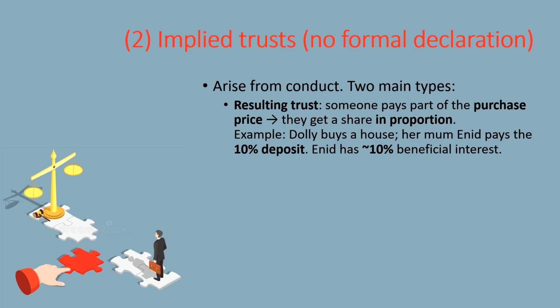Maybe they help with the deposit, that kind of thing. Then they will have a beneficial interest in proportion to their actual share in the purchase money. So, for example, if Dolly buys a house and then her mum Enid pays the 10% deposit, it will mean that Enid will have about a 10% beneficial interest in that property. Okay.